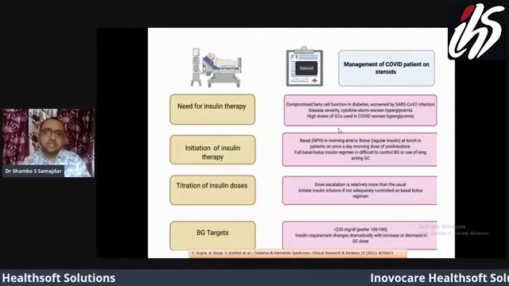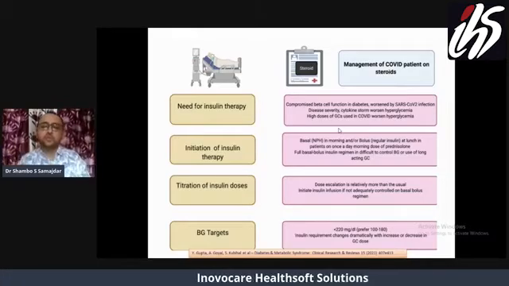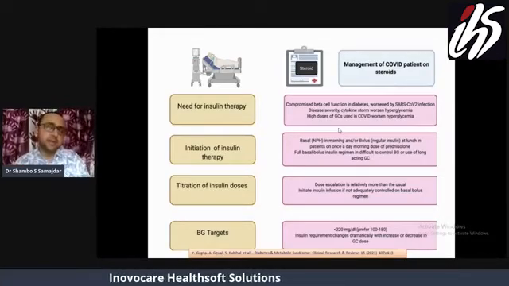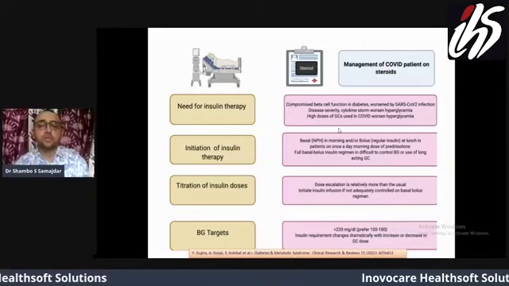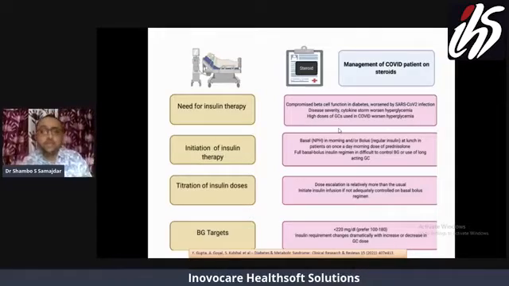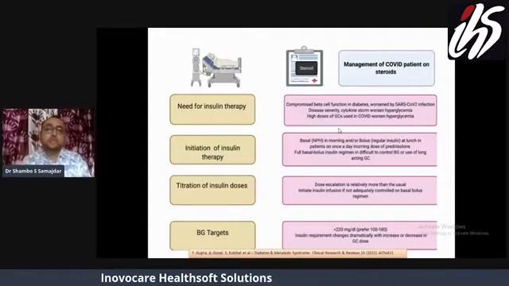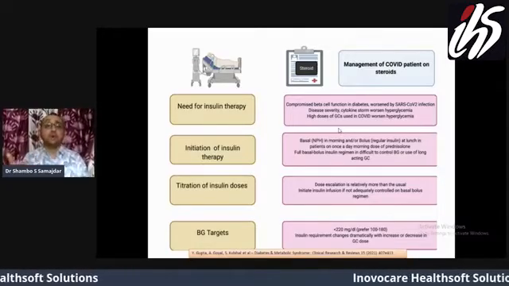And how to titrate that insulin dose? Dose escalation is relatively more than the usual initiation in regular protocols. We need to give more insulin, specifically when the patients are on a high dose of glucocorticoid. And what should be the blood glucose targets? Again, here is one thing.